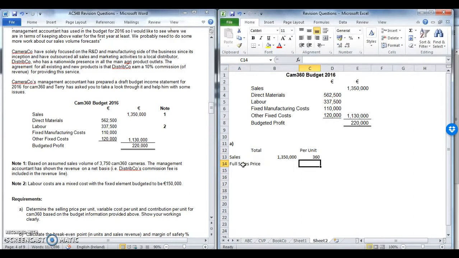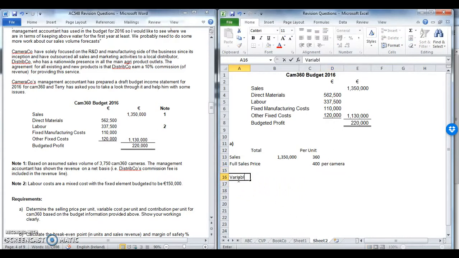Well, actually the full sales price is the 360 divided by 0.9, so it's 400. So you're essentially saying that actually the sales revenue shown here is only 90% because you've already taken 10% off. Therefore the full sales price is €400 per camera. Right, so a bit of a trick there, but again it's important. If you read the question carefully and you understood what was going on, you'll be able to identify that.